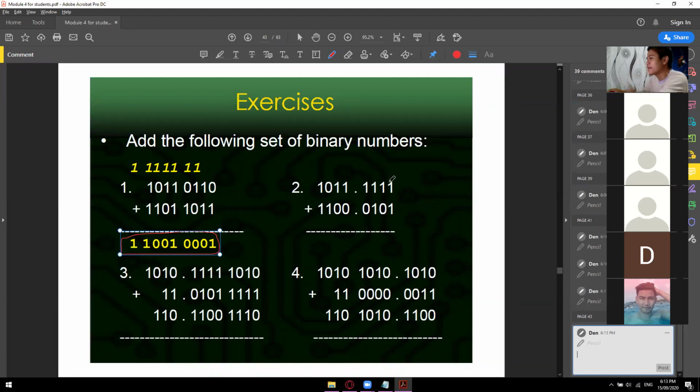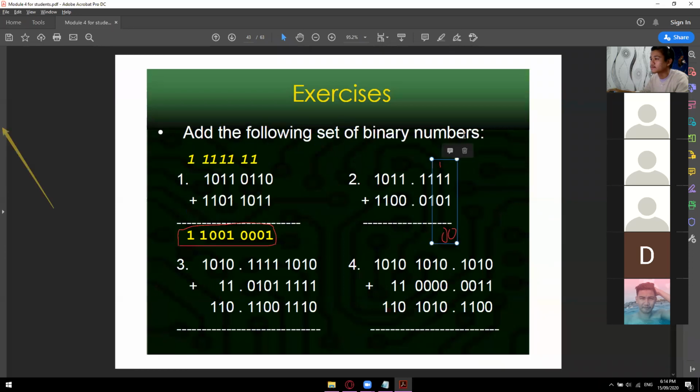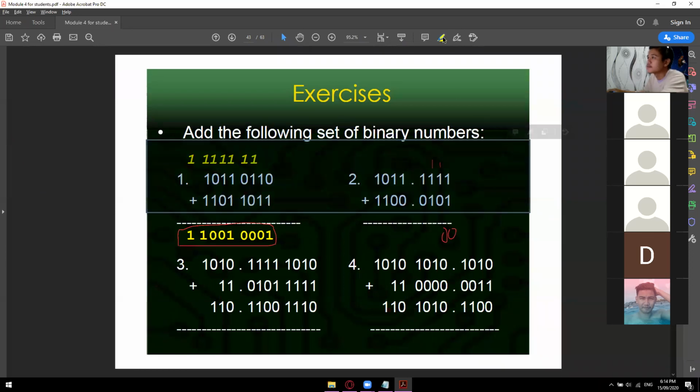So, 1 plus 1 or 2, 1 is 10. So, carry 1, bring down 0. 2, 1 ulit is carry 1, bring down 0.